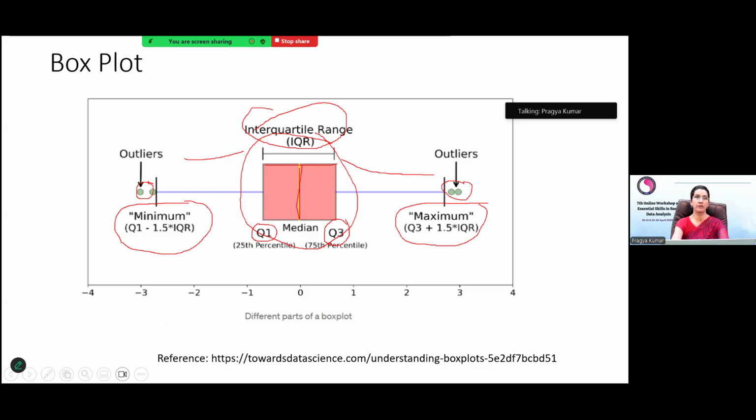So how do we define an outlier? Any value which is more than 1.5 box length from the edge of the box. This is the edge of the box, so any values lying outside the 1.5 box length on either side are outliers.